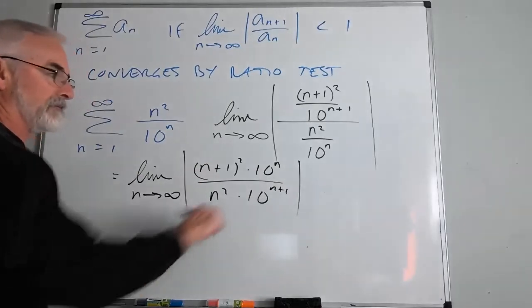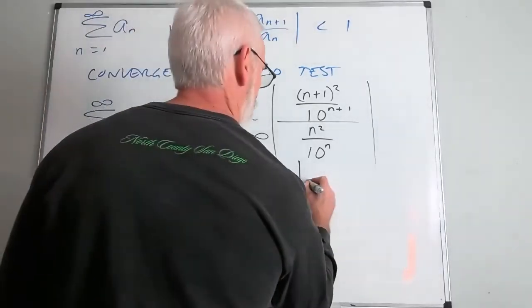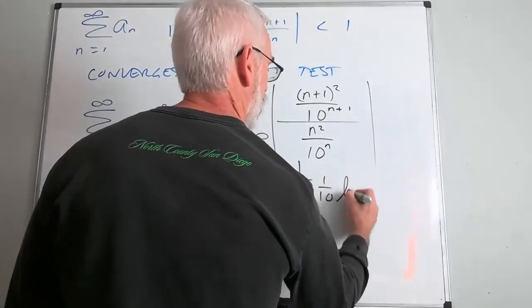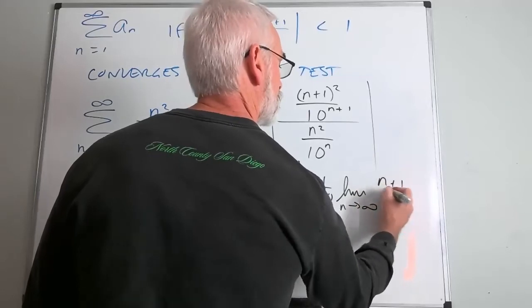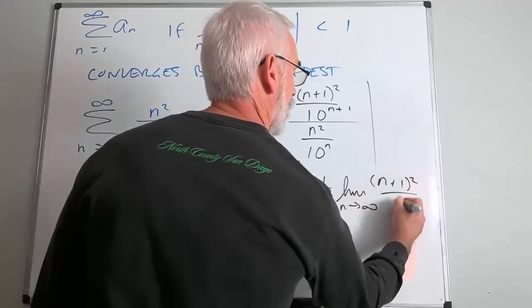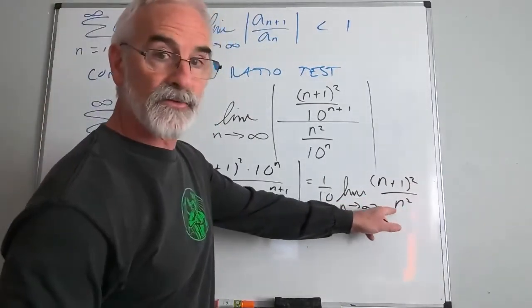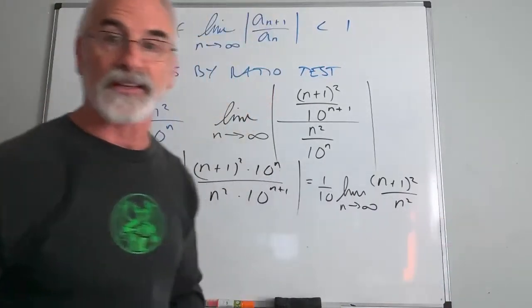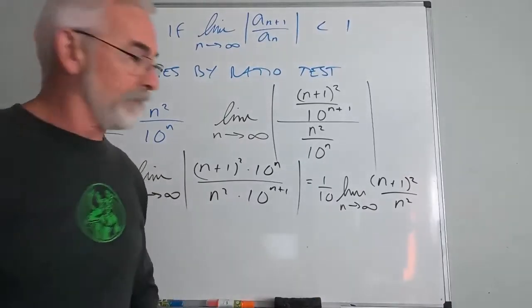Those don't. So I can definitely cancel the 10s, and that would leave me a 1/10. I'm going to put that out in front. Now, at this point, I can drop the absolute value because this is a strictly positive quantity. n is approaching infinity. There's nothing negative. Okay, you can leave the absolute value in there, or you can drop it at this point.